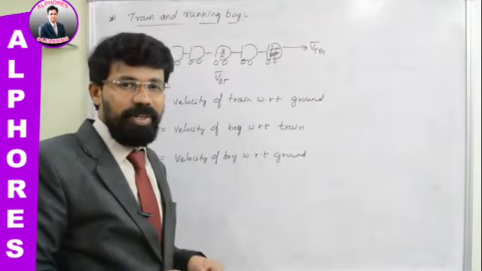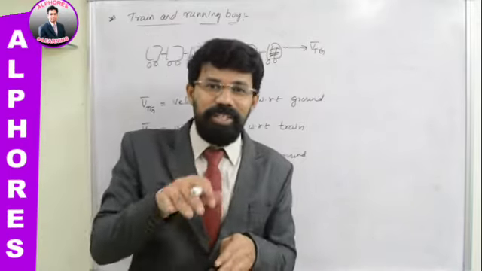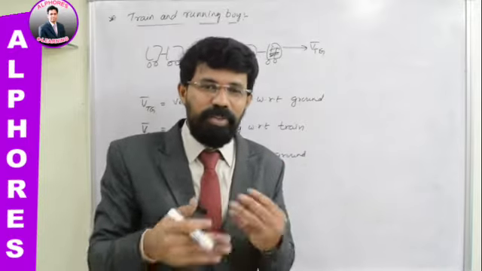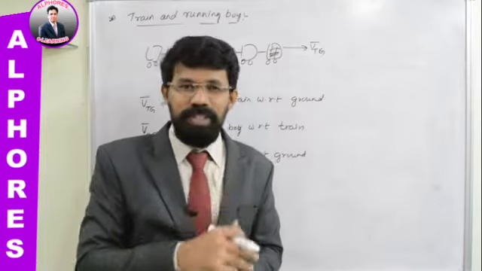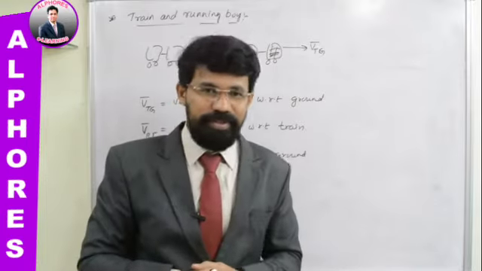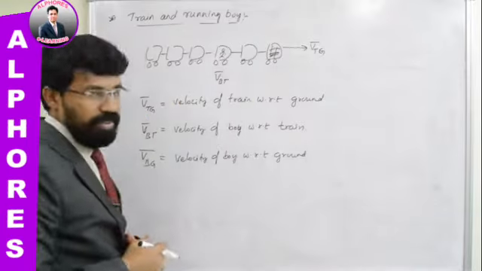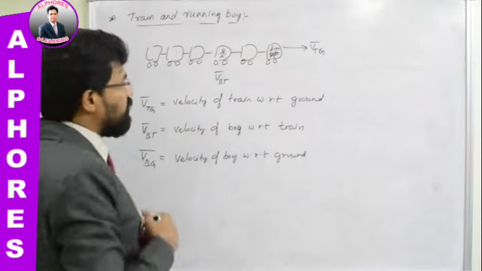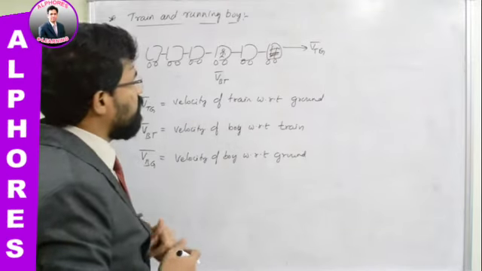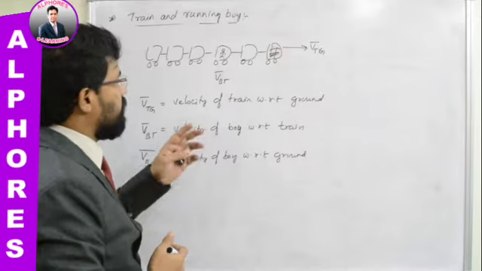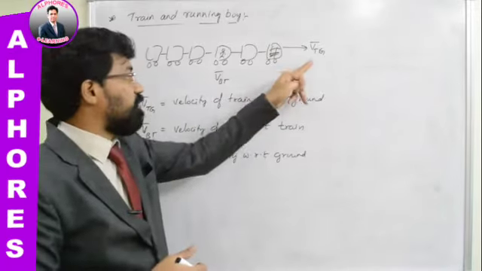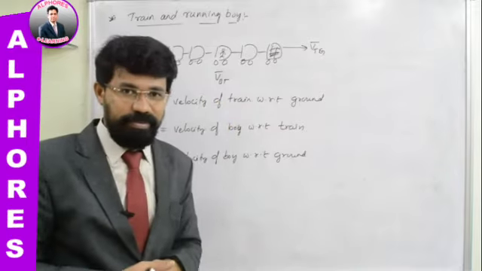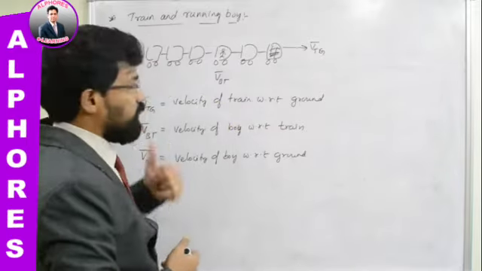Already the train was having some velocity, and on that, he is moving with some velocity. So both the velocities get added. That's the velocity you experience with the boy. If the boy is running in the opposite direction, then the velocity of boy with respect to ground will be the difference between VTG and VBT. Why? Because he is running in the opposite direction.